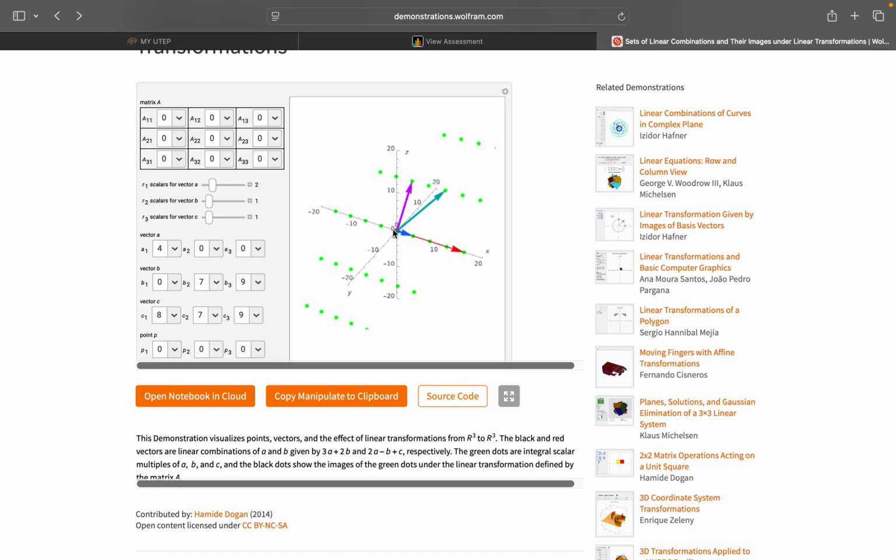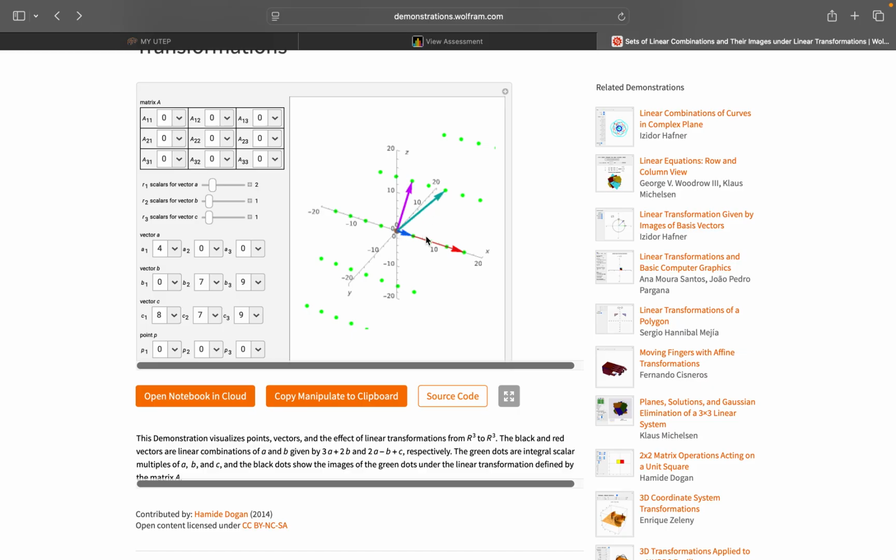So we can see that a is this one, 4 times 2 would be, we would end up at 8, and then plus 7 and plus 9. So this would be the resultant for C.